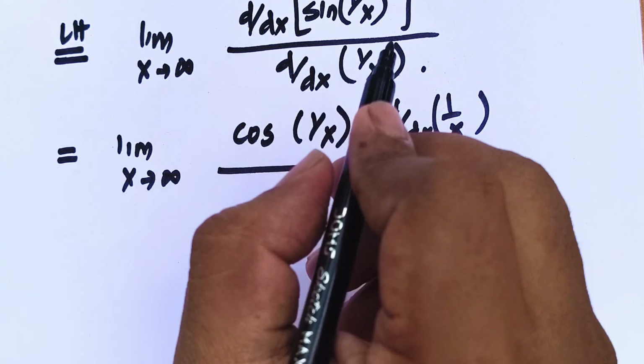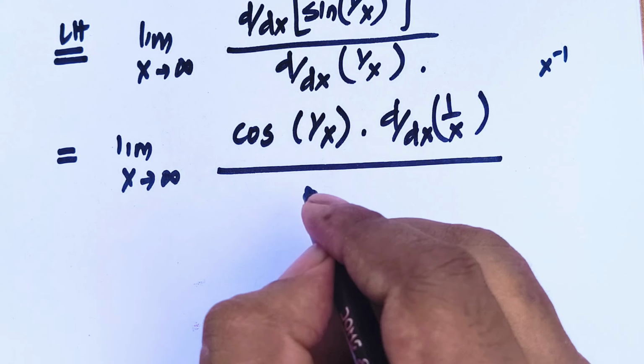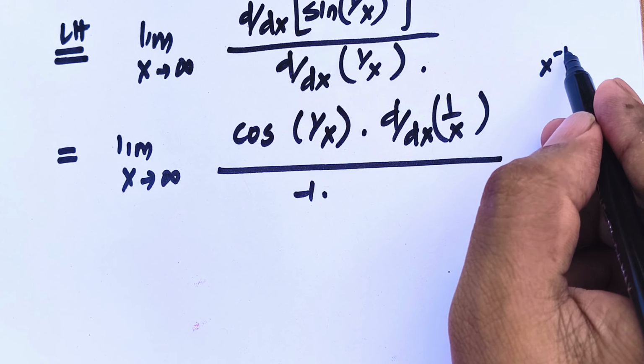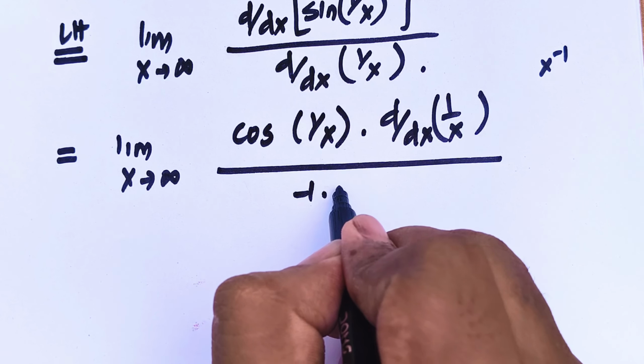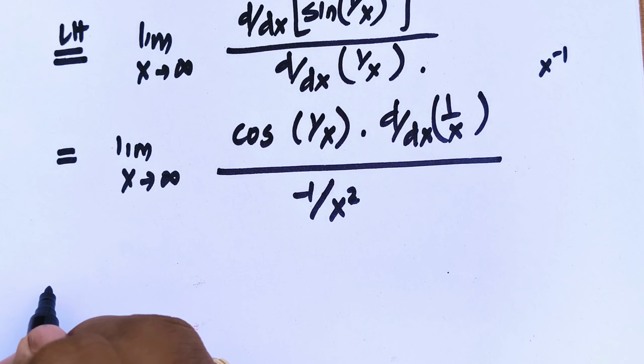What is the derivative of 1 over x? This is x to the power minus 1. The derivative of x to the power minus 1 is minus 1 comes outside, and x to the power minus 2, so we have minus 1 over x square.